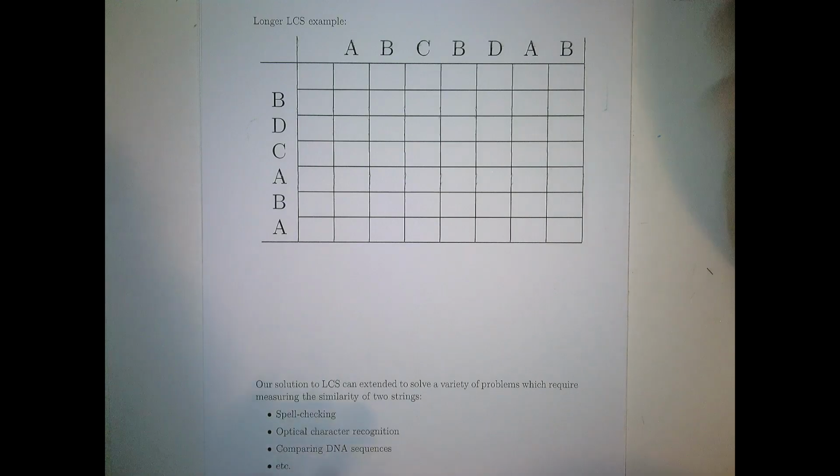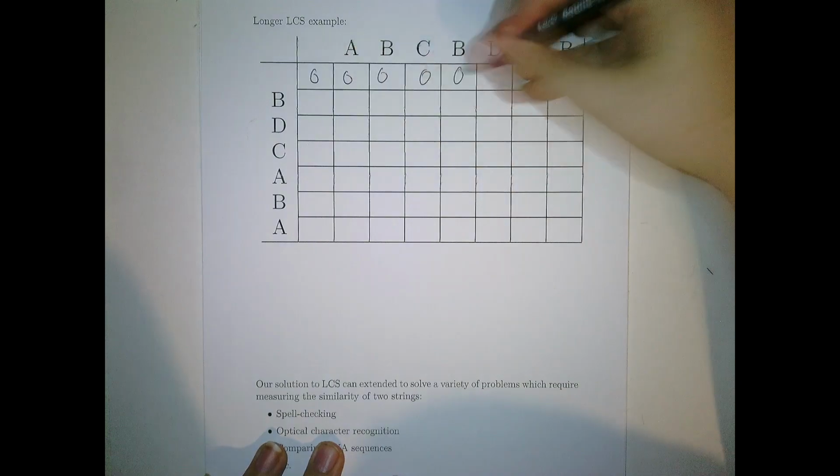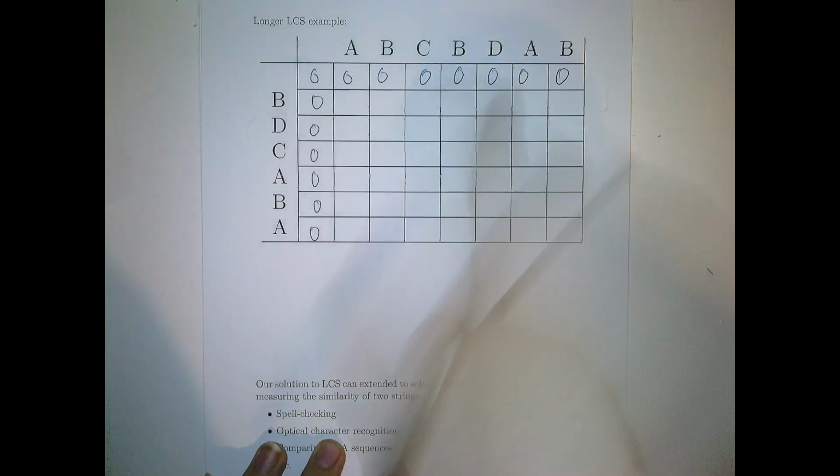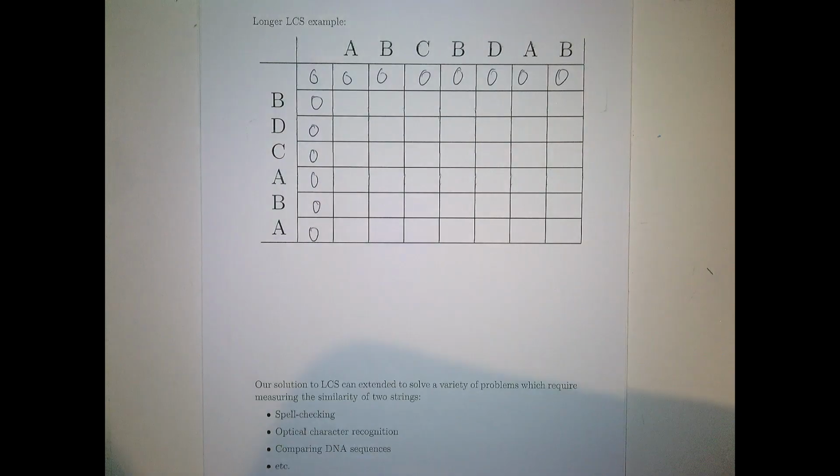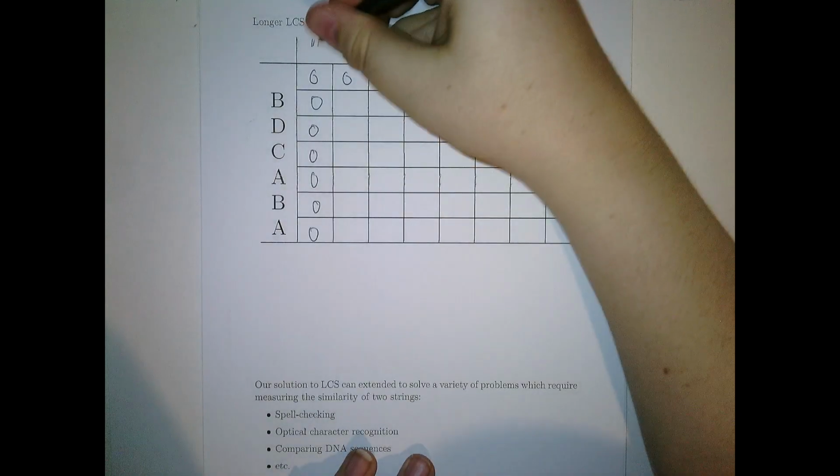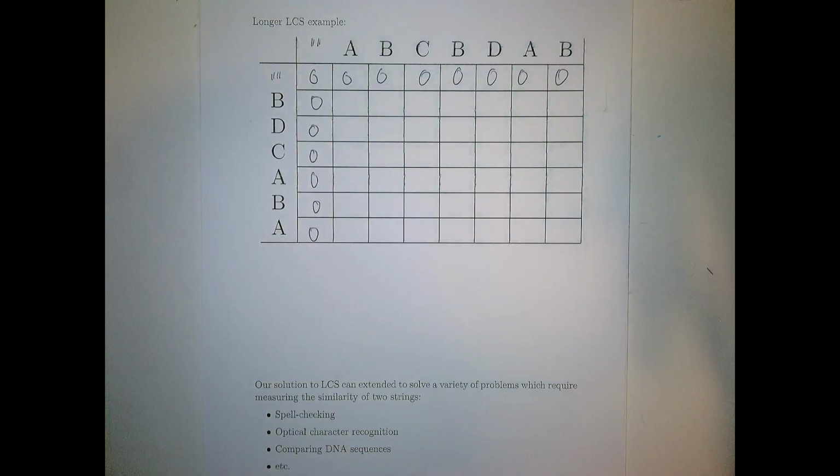Let me fill in some easy stuff first. First of all, zeros on the first column and the first row, because we're matching nothing against the other string. Think of it as a kind of empty string at this point. Nothing can be done for that match. And then we're just going to follow our algorithm.